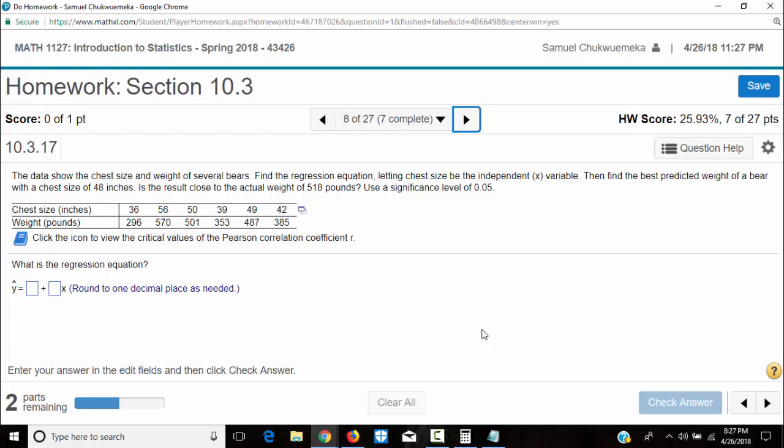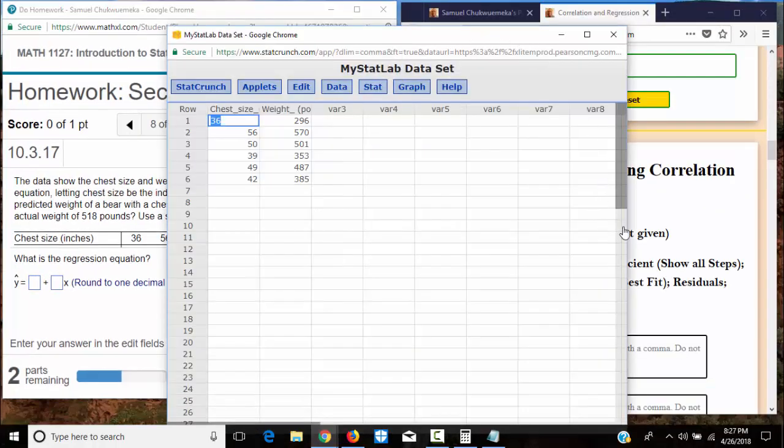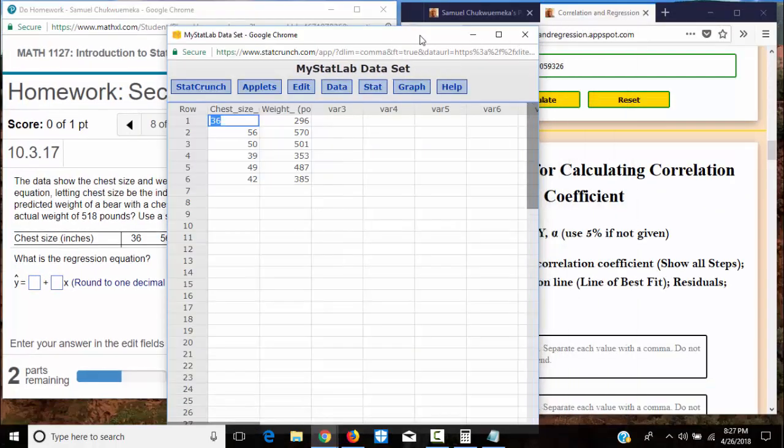Is the result close to the actual weight of 518 pounds? Use a significance level of 0.05. So we click on this icon, open in StatCrunch. We'll get this side by side here.